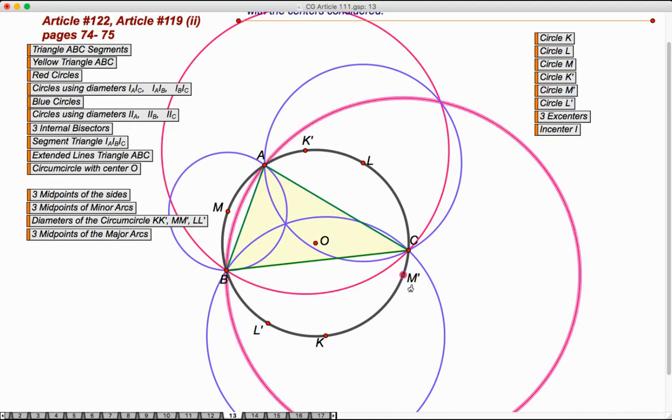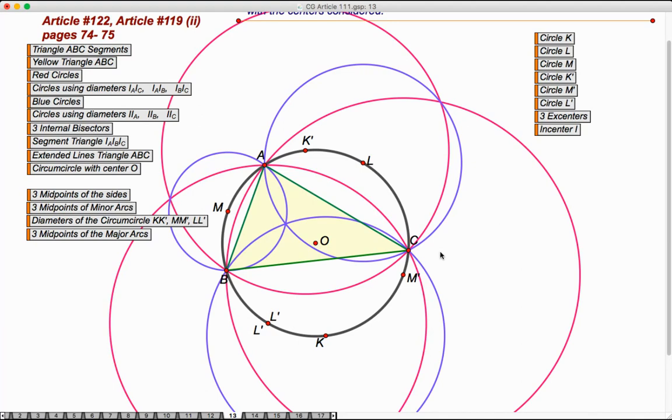And how we do that is either using radius M prime A or M prime B. And last but not the least is circle L prime. The center is L prime, and the radius is L prime A or L prime C.